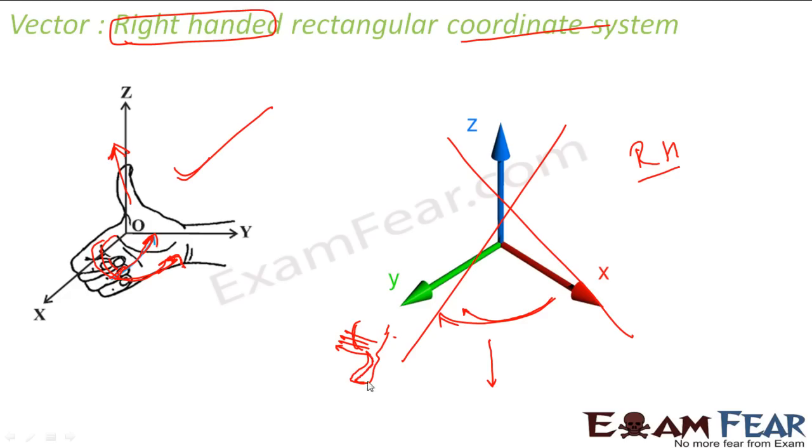Maybe my drawing is not that great, but that's how it is. So you have these 4 fingers and you have the thumb. You rotate from X to Y in this fashion, and you see that your thumb is going in this direction. So this direction has to be Z, but my positive Z is in this direction in this case. So this is not a right-handed rectangular coordinate system. So we won't take this for our studies.